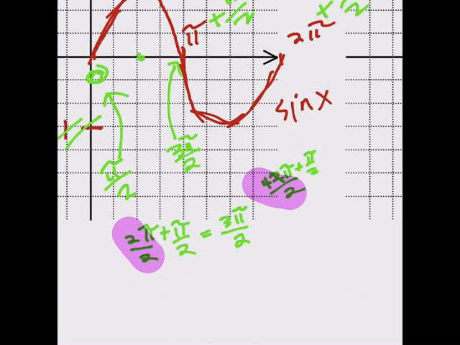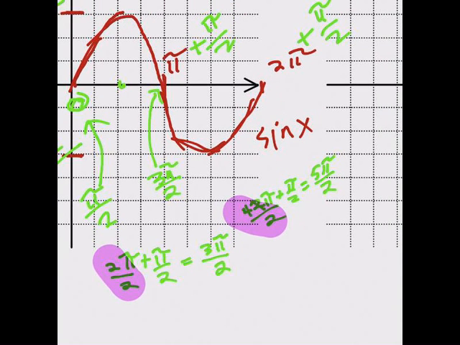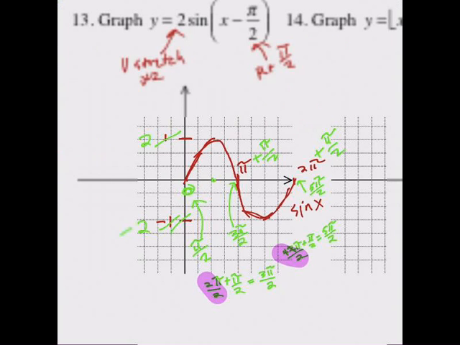Got my common denominator. Add those together. 4 pi plus pi is 5 pi over 2. And that, ladies and gentlemen, is my new endpoint over there.